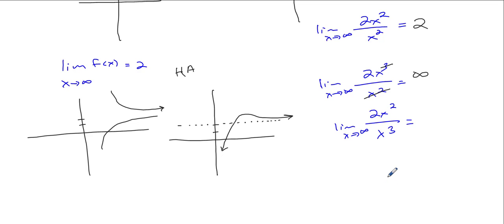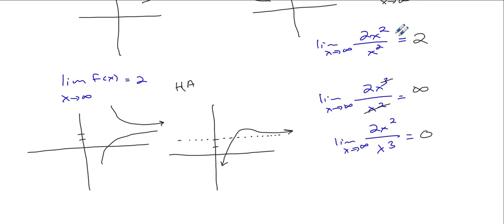What are we going to go towards? You take a number divided by a very big number. 0. So this would be same powers. Top heavy always goes to infinity. Bottom heavy always goes to 0. And we'll talk about some others later. I just wanted to go over those real quick.